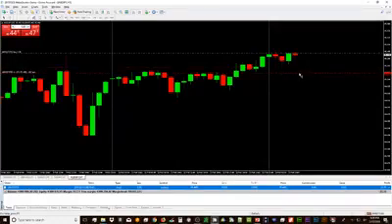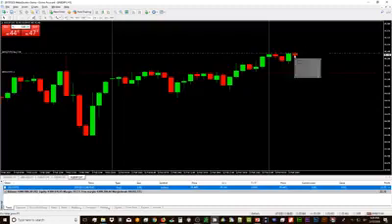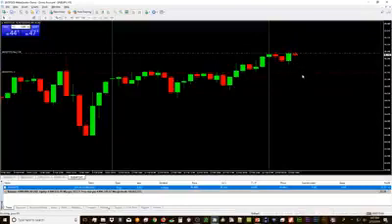Drag down, let it go, and you set a stop loss, meaning since you're in this buy trade, if price goes down and reaches your stop loss, it's going to take you out. You're basically saying, hey market, once price goes against my trade this amount, then take me out. I don't want to lose any more money.